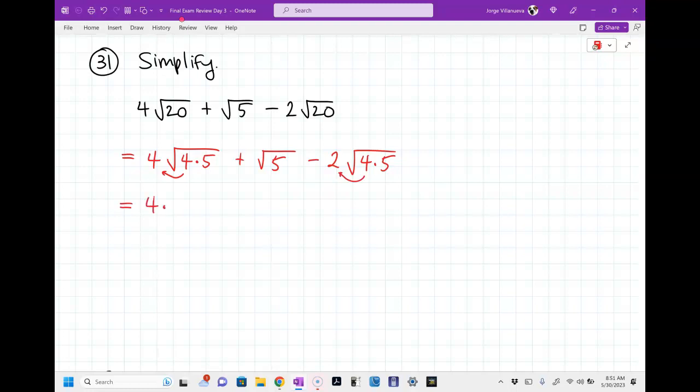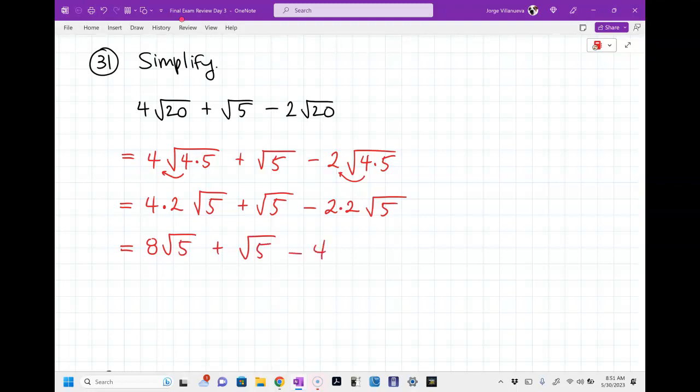So this is, again, I'm showing you guys a little bit of extra work just to make sure that if anybody's watching this or just looking at the notes, it makes sense to them. So there you go. I took out the 2. Now let's simplify that. That's going to be 8 radical 5 plus radical 5 minus 4 radical 5.